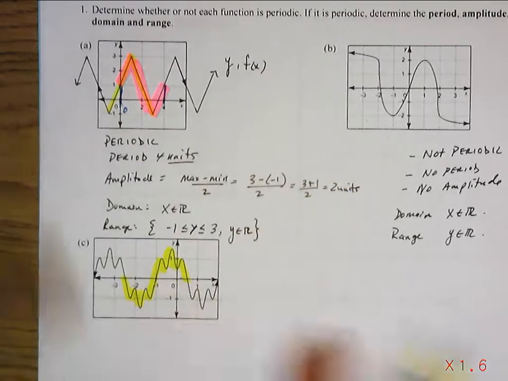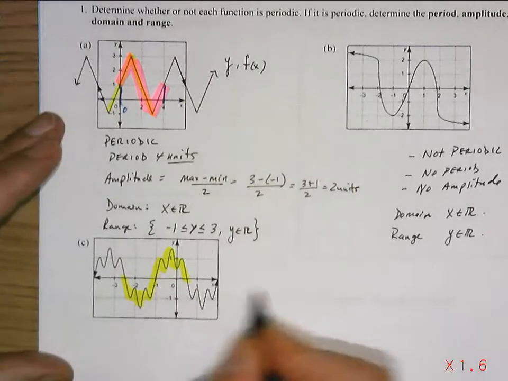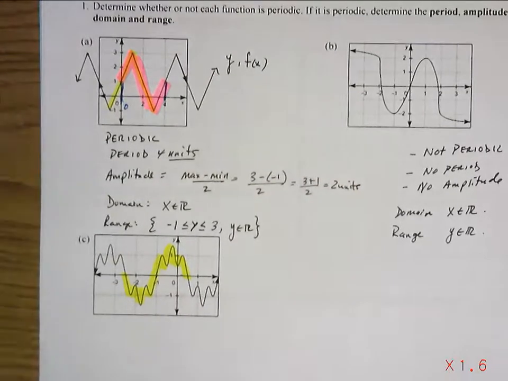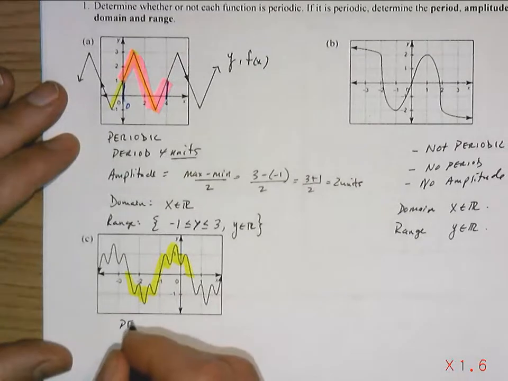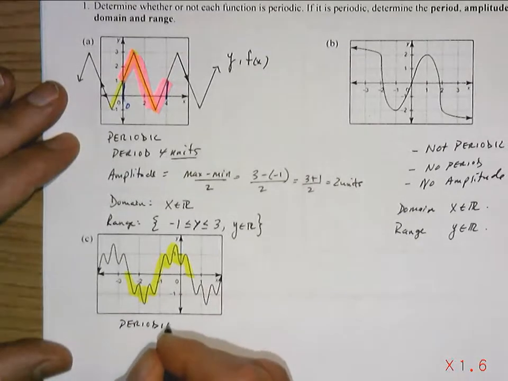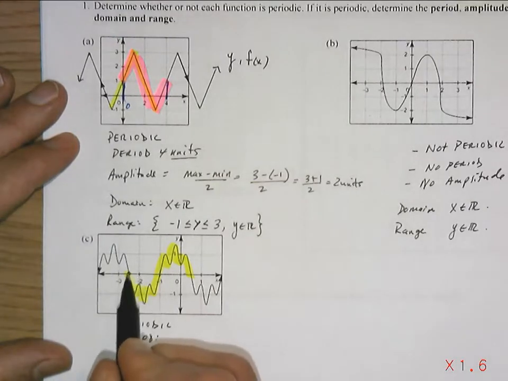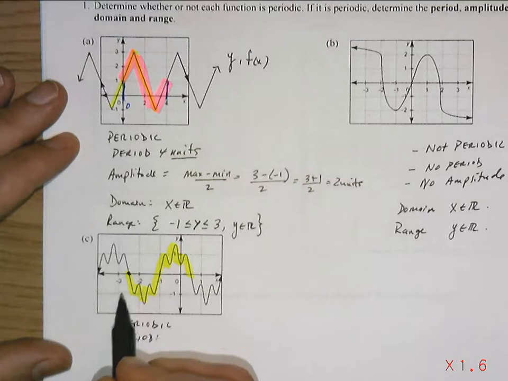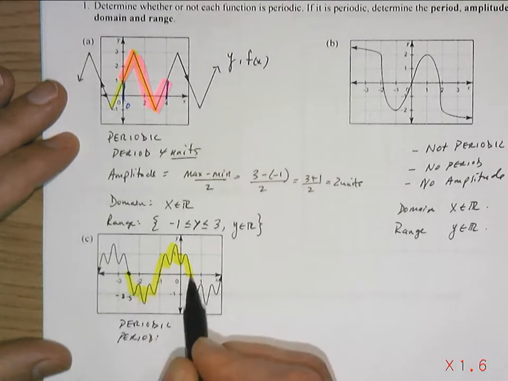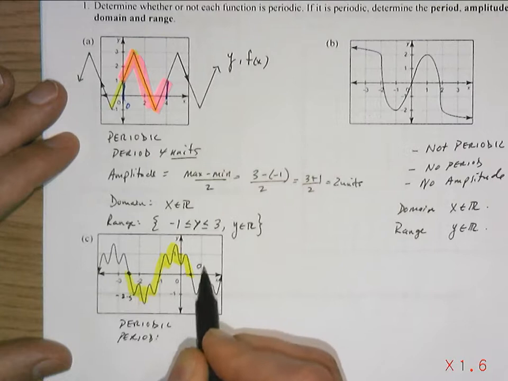Now, again, they haven't really given us enough information here. I'd like to see a full pattern on either end, but we're going to assume at this point that this is periodic. We're going to give it an amplitude and a period. Well, we're going to calculate the period. So it's going to go from this point here, which is negative 2.5, all the way up to positive 0.5.